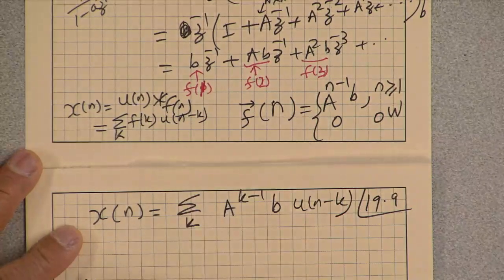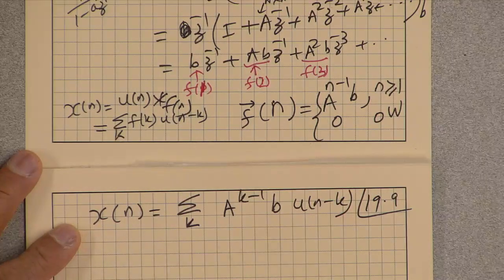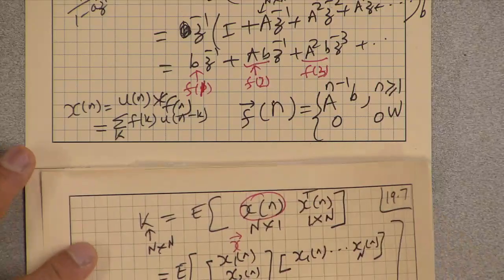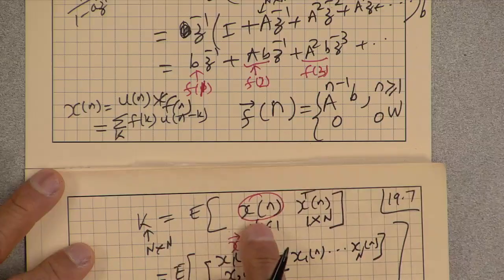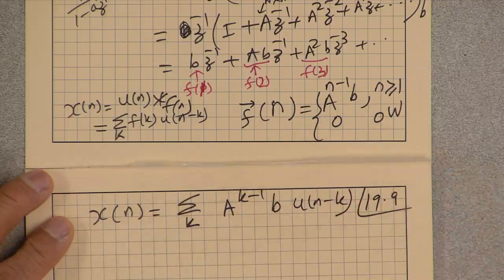And then we can compute K, which is the expected value of X times its transpose.